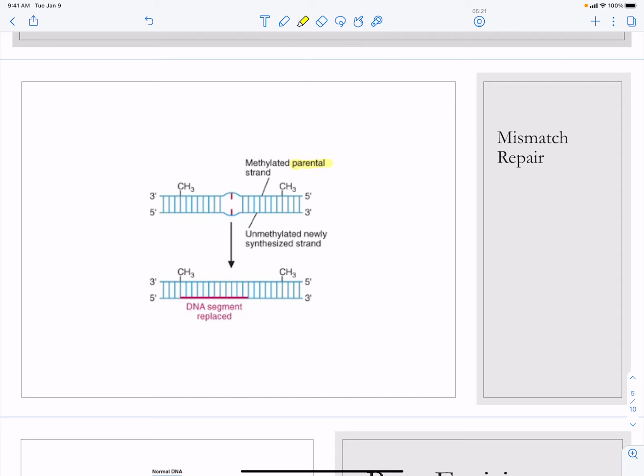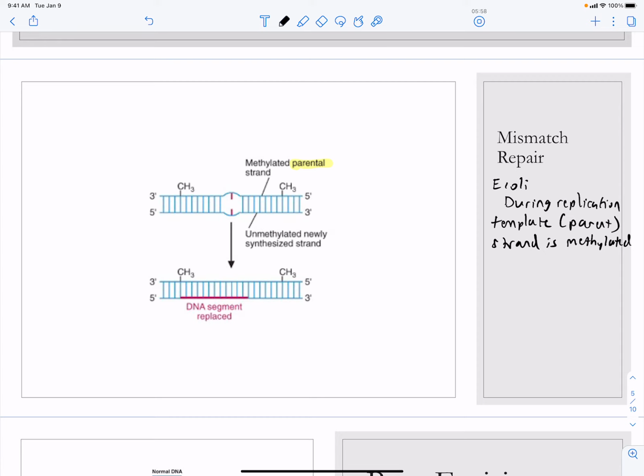Now in E. coli, this is going to be done by methylation. So in E. coli, during replication, the template or the parent strand is methylated. Now this methylation doesn't last forever, obviously. After replication, it's going to be removed.